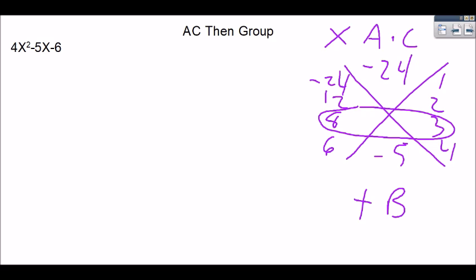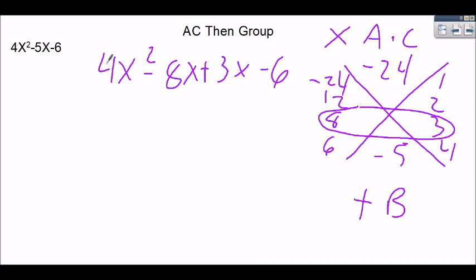Now we have to do the then grouping. So we have a choice. We can put 8 next to this 4 or 8 next to this negative 2. And what I mean by that is I'm going to split up this negative 5x into negative 8x plus 3x, which when reduced gets me back to negative 5x.